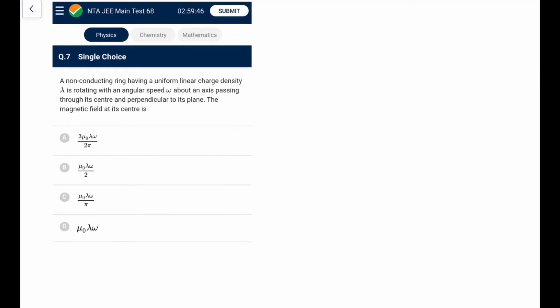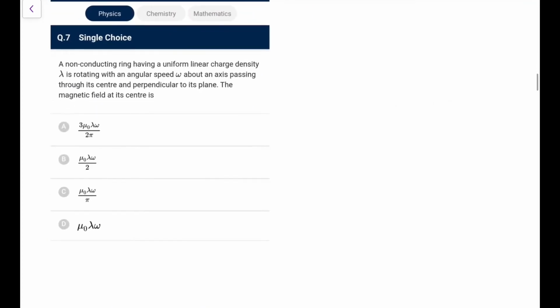Next. A non-conducting ring has a uniform linear charge density lambda, rotates with angular speed omega about an axis through the center and perpendicular to its plane, the magnetic field at center. So it would become a rotating ring. First of all, what would be the current because of that rotation? That is equal to Q into f. Q you can write as lambda into 2 pi r, total charge, and f you can write as omega by 2 pi.